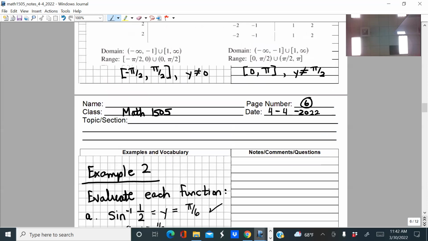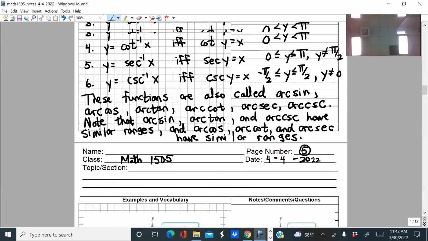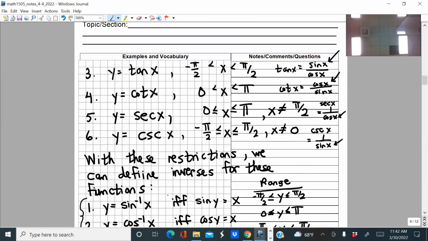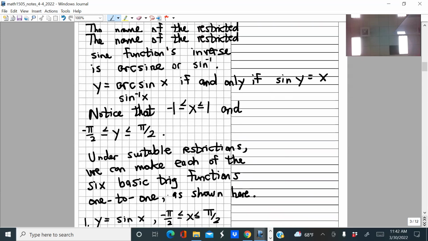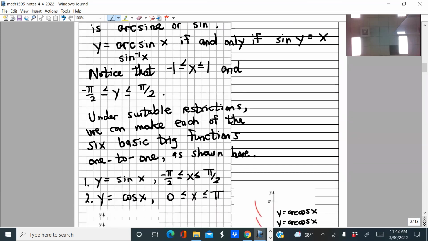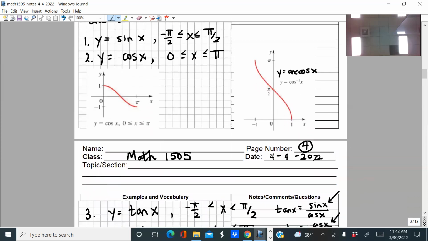All right. Now we can pull this same trick with all of the functions. None of them have inverses, but we can make them into functions that have inverses by restricting their domains.